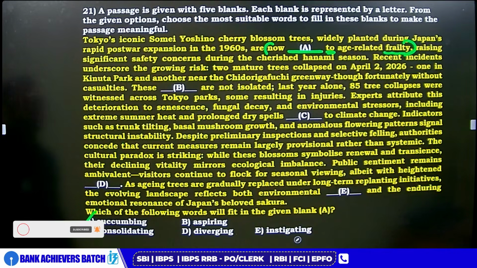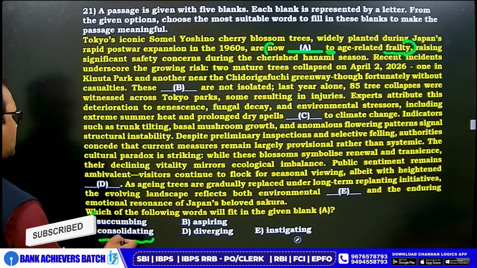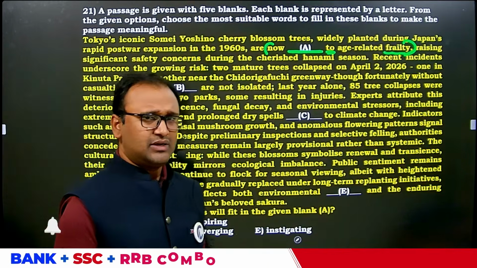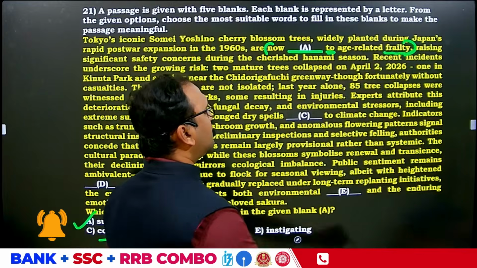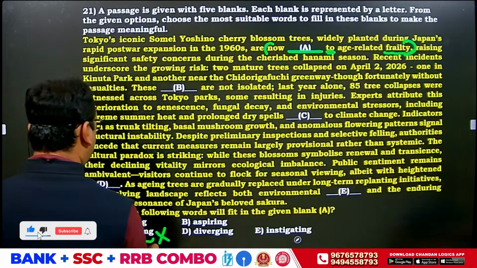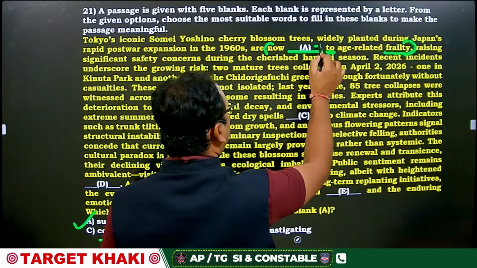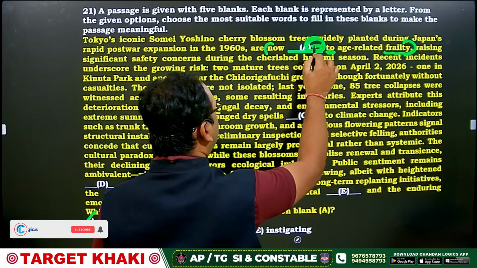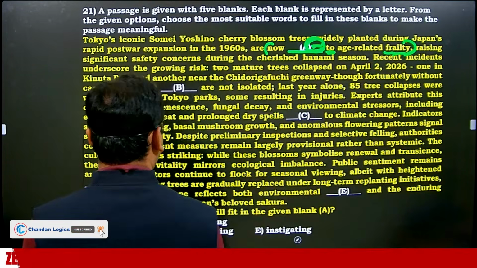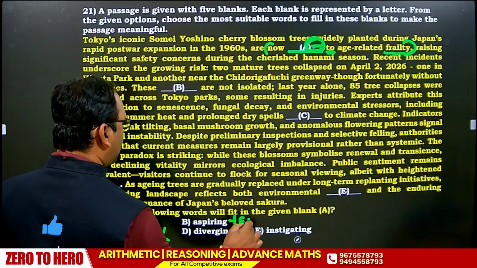Done. Sir, what about consolidating, sir? What is the meaning of consolidate? Strong. Here, you already used the preposition to, so consolidating, preposition to cannot come. And here you are looking for a negative word because frailty is negative. And what is the preposition for aspire? Aspire for.